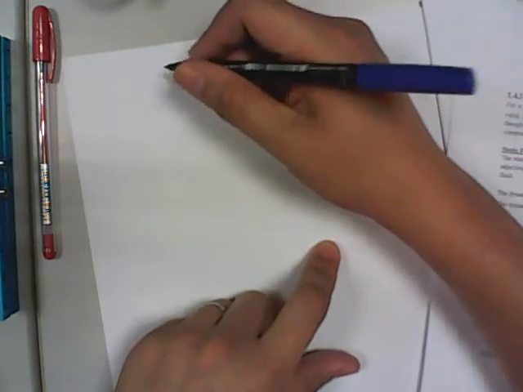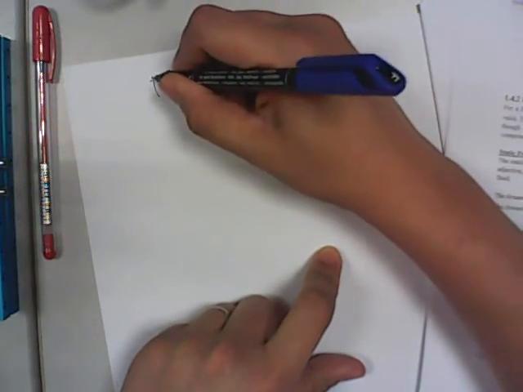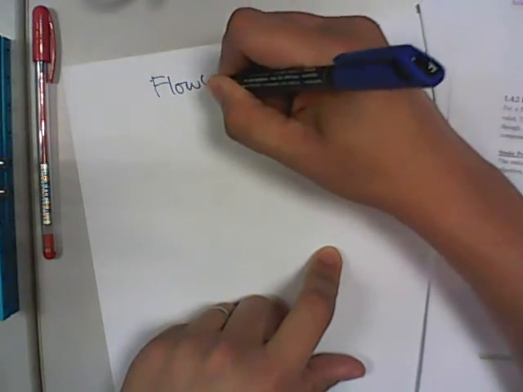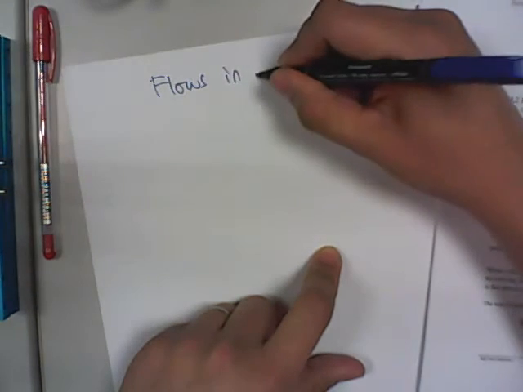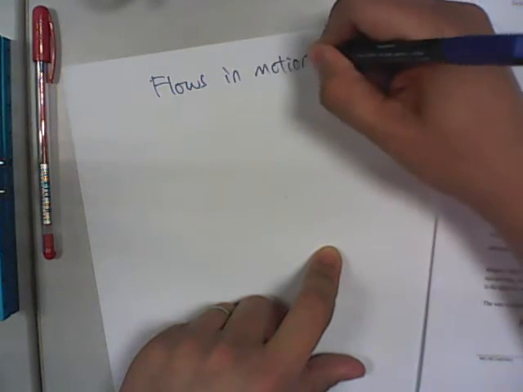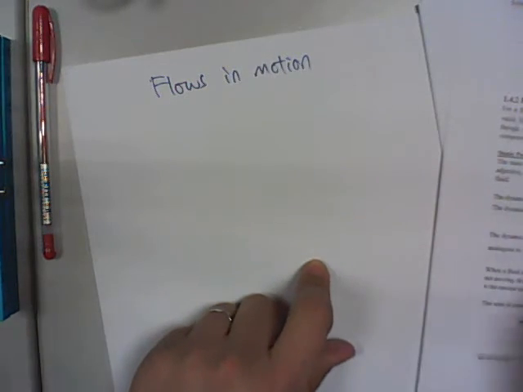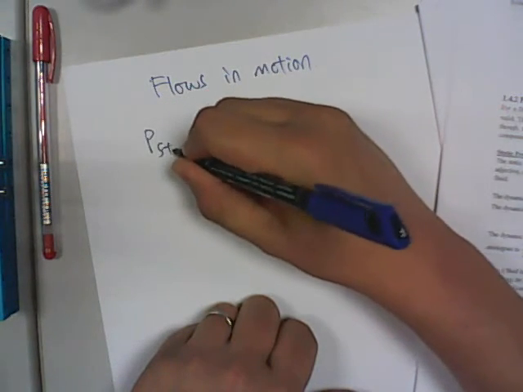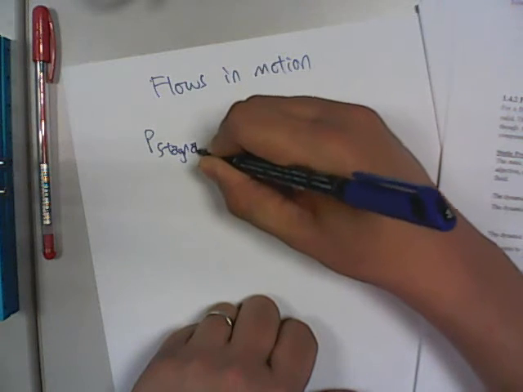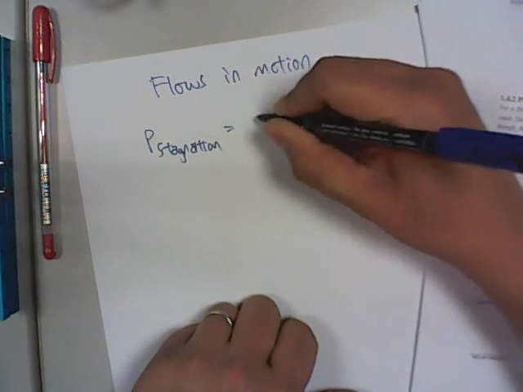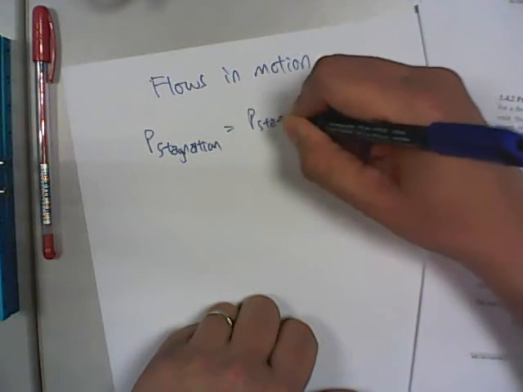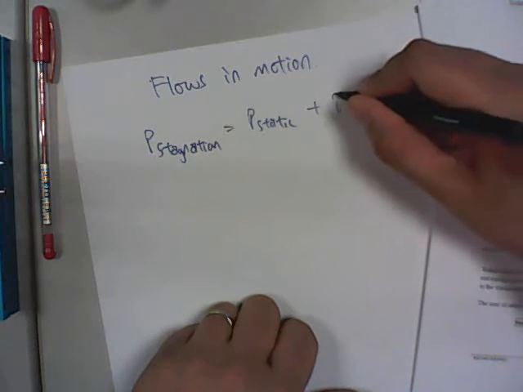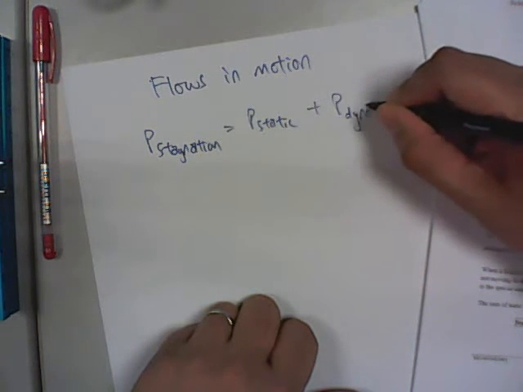Every time you see a question that involves flows in motion, then we are talking about this equation. Stagnation pressure is equal to static pressure plus your dynamic pressure.